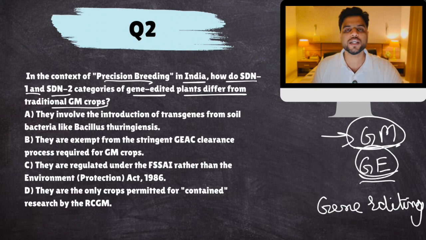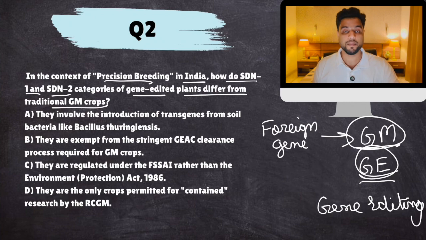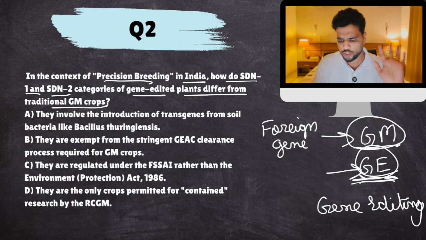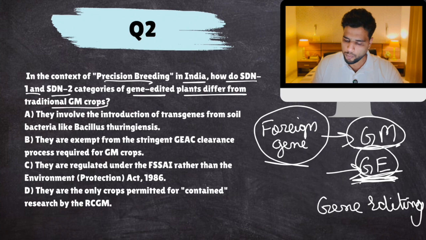GM crops, genetically modified crops, are those crops which are created by introducing a foreign gene into the plant from another organism, maybe a bacteria or anything. GE crops, genetically edited crops, no foreign gene is introduced. Some gene is removed or added. Clear? Both these crops are created through gene editing.